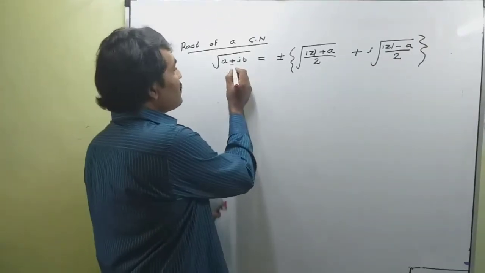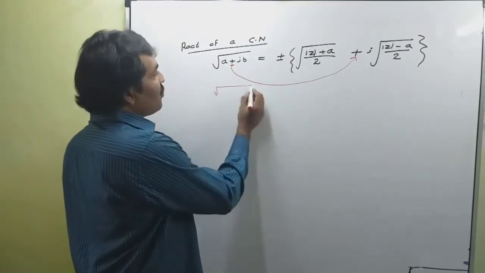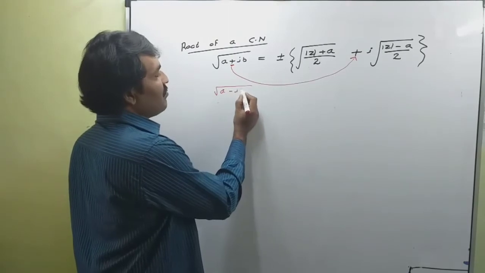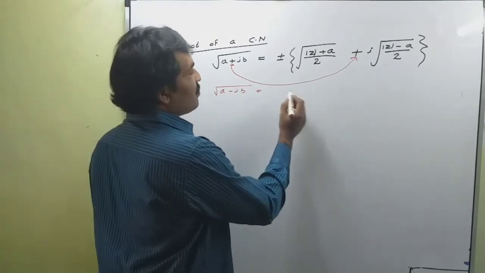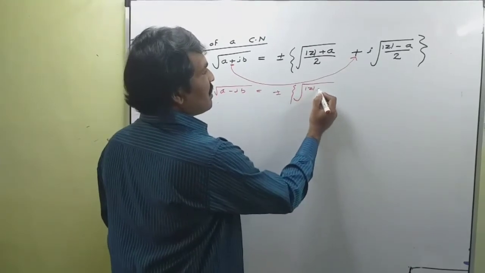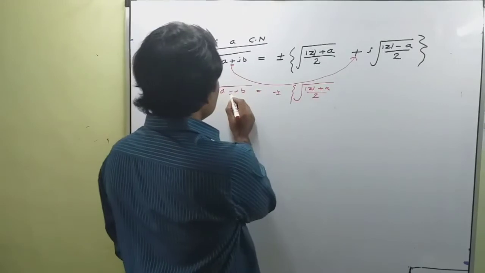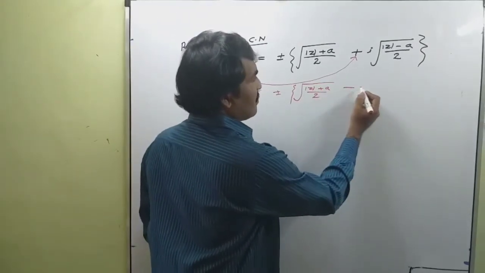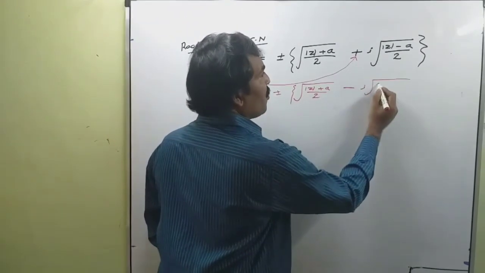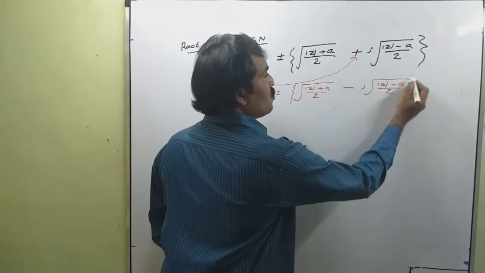Here it is plus, so plus comes here. Now root of a minus ib is equal to plus or minus root of (mod z plus a) by 2, minus i into root of (mod z minus a) by 2. Here it is minus, so minus.